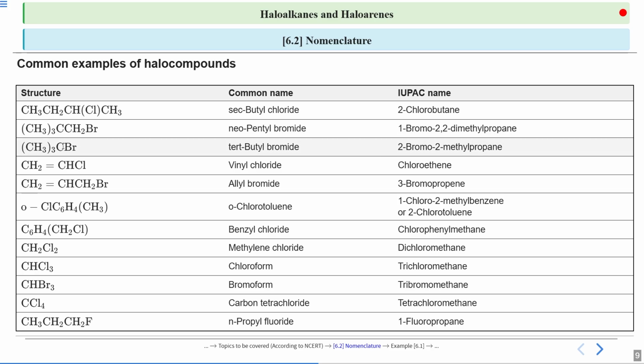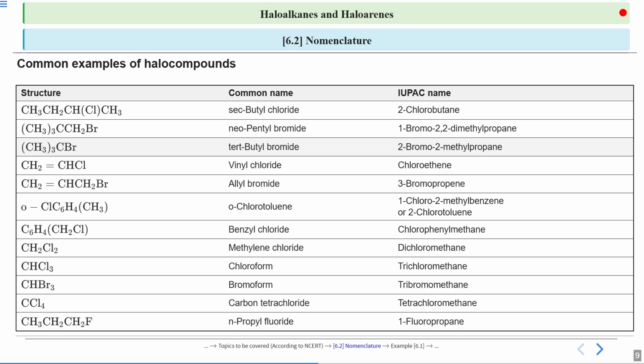Similarly, the next structure is (CH3)3CBr. This is tert-butyl bromide, I mean tertiary butyl bromide. Bromide is present at the carbon which is connected with 3 other carbons. We have 4 carbons in this structure. To write the IUPAC name, you have to select the longest possible chain and then do the numbering.